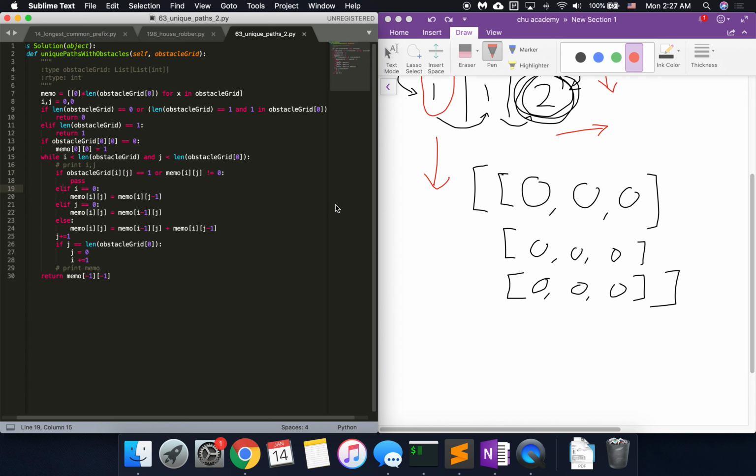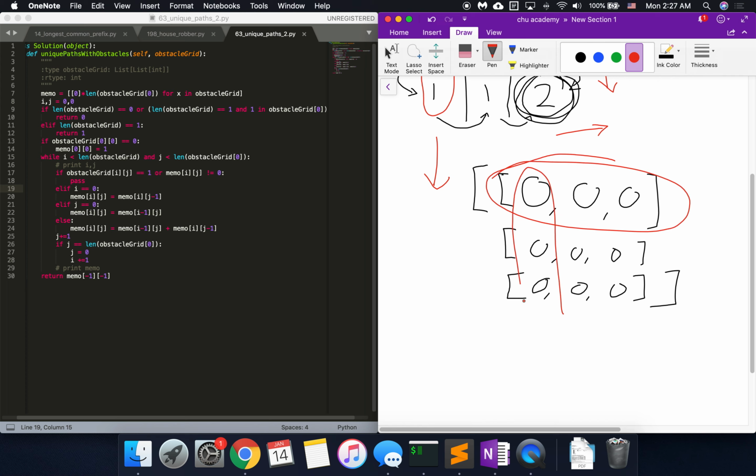So if i equals 0, then that means it's in the first row. Or if j equals 0, that means it's in the first column, right? So i equals 0 is here, and j equals 0 is here. So if i equals 0, the only way that you can get there is from the previous j in the same row, right?